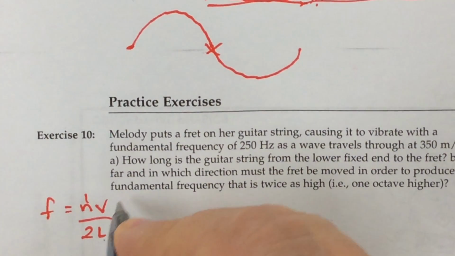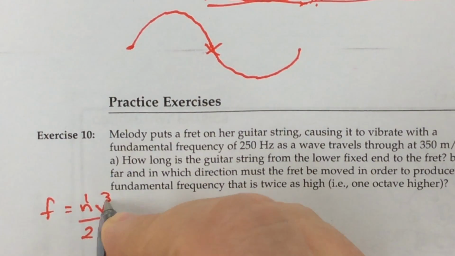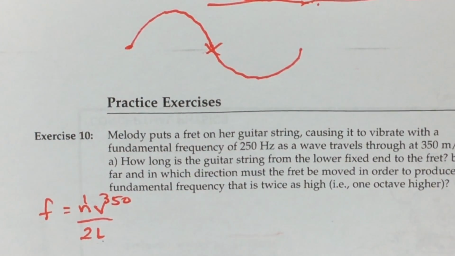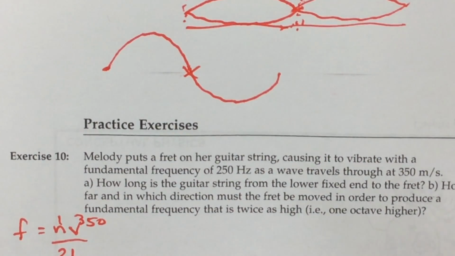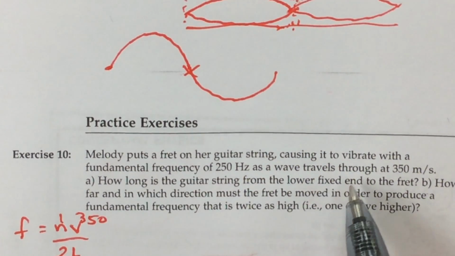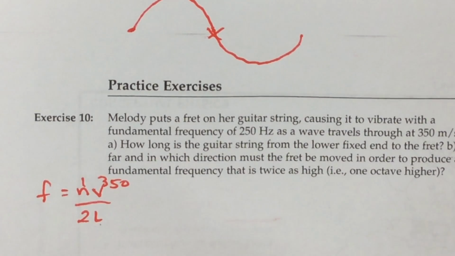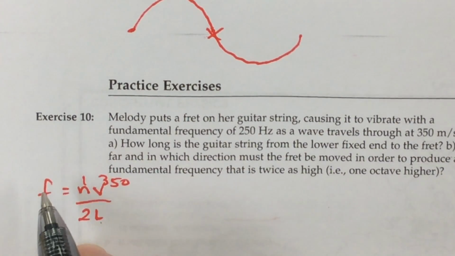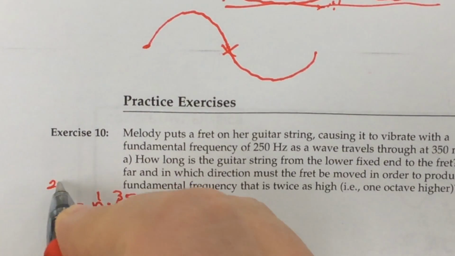So this is what we're going to use for sound today. And then the length of the string is what we're trying to find. How long is the guitar string from the lower end of the fret? So I'm going to solve for L, and then we've got 250 Hertz here.